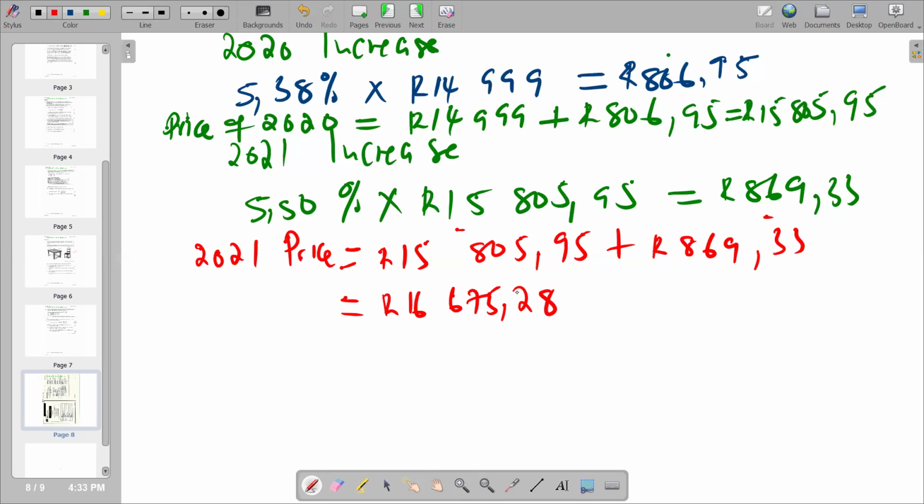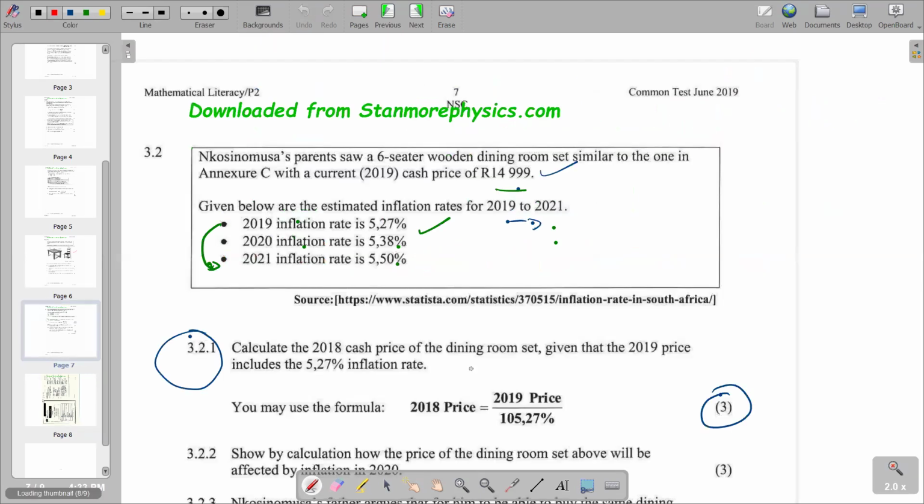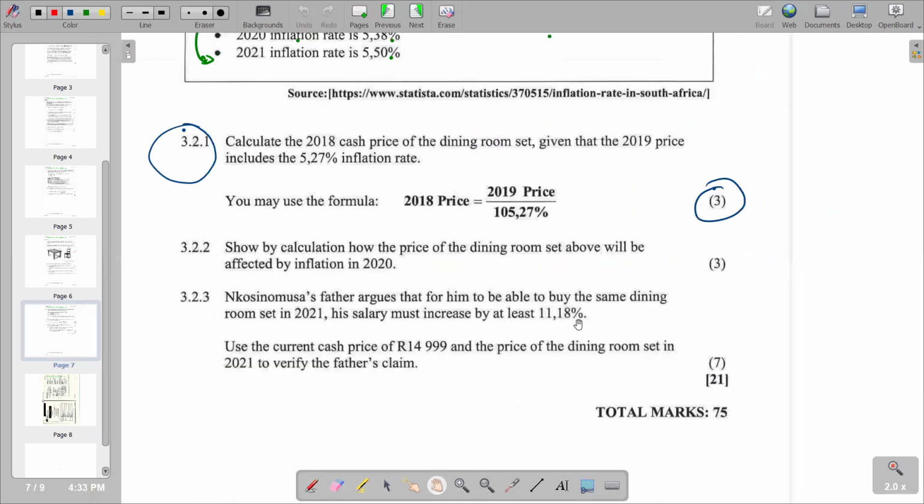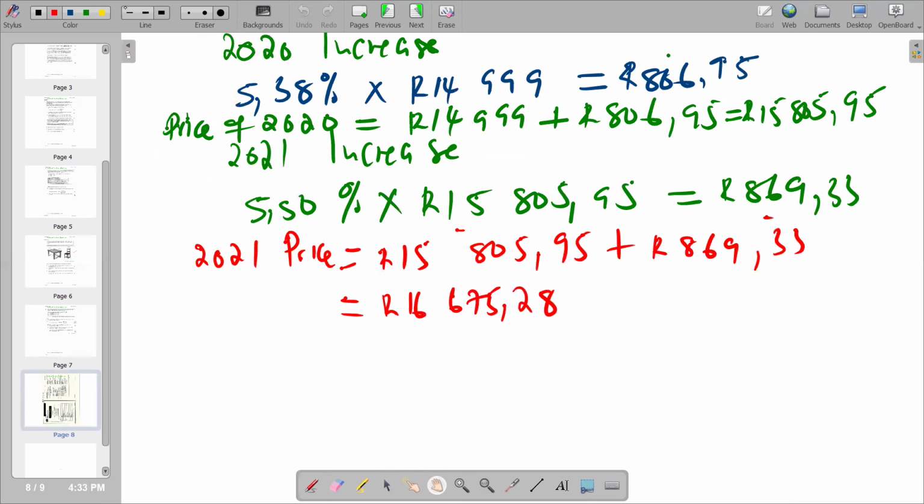And then we want now to verify. Remember, we are verifying whether we've got at least 11.18% increase from 2019 to 2021. So with that, we can now look for the average increase from 2019 to 2021.